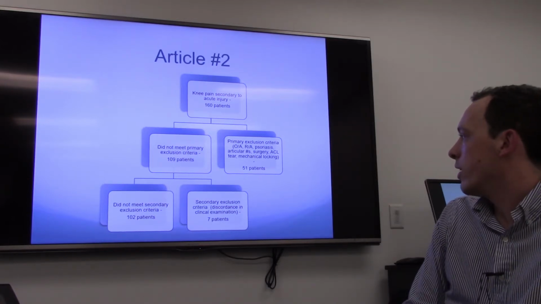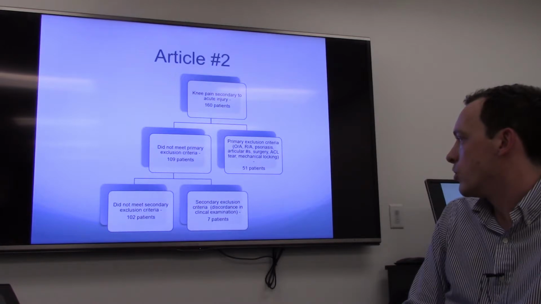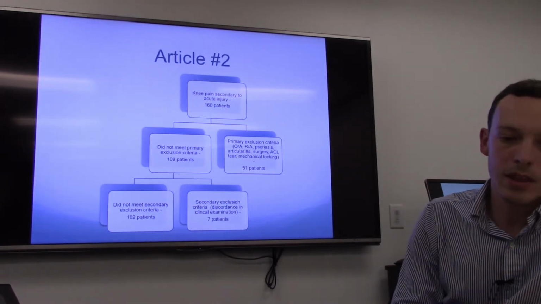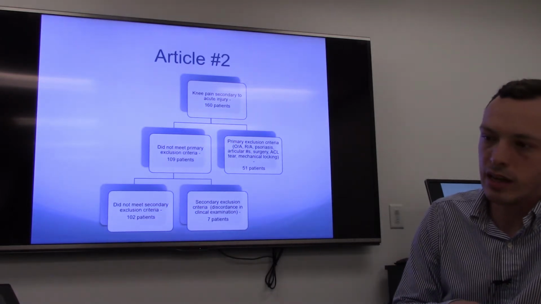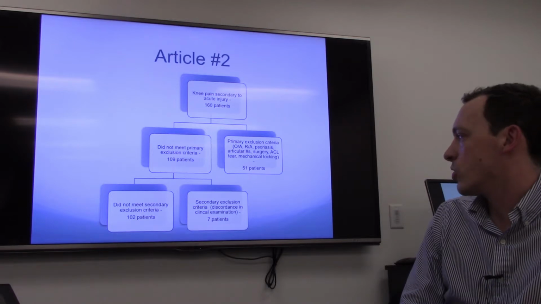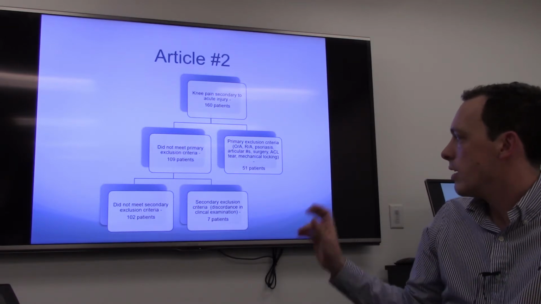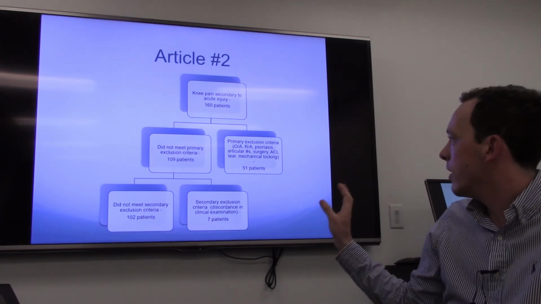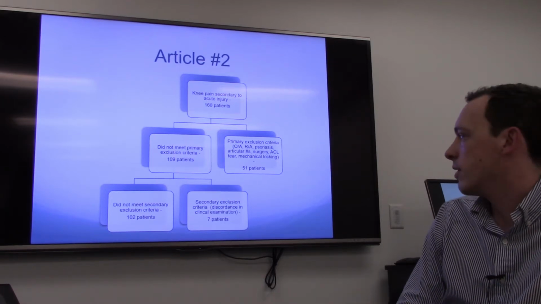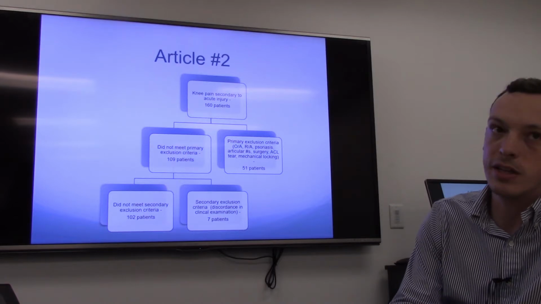And then the secondary exclusion criteria were discordance in clinical examination. So basically, there were 2 examiners that examined them, and if they didn't agree on positive or negative tests, then those patients were excluded. So you got 102 patients at the end who did not meet any of those exclusion criteria and who the examiners agreed were either positive or negative on their meniscus tests.